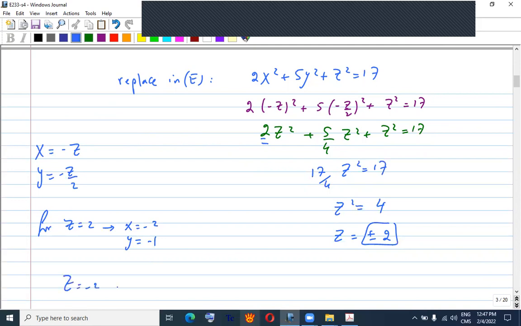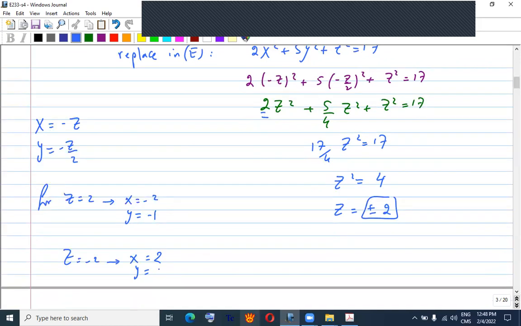Z equals minus 2, you get another point, where X is 2 and Y is minus half. It's the same thing, but only in minus, right? So you have 2 points, by the way. This would be minus 2, minus 1 with a Z of 2.